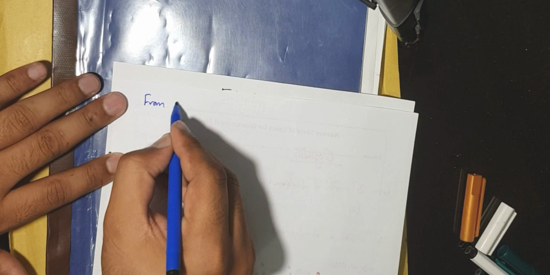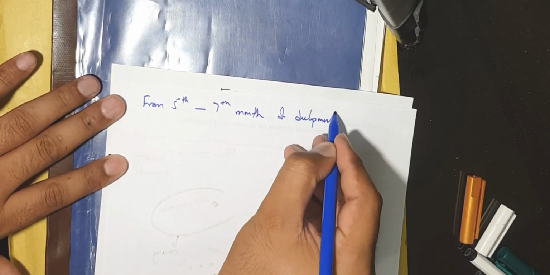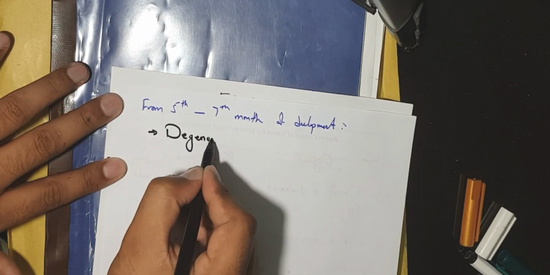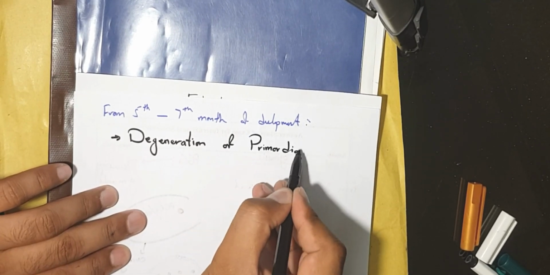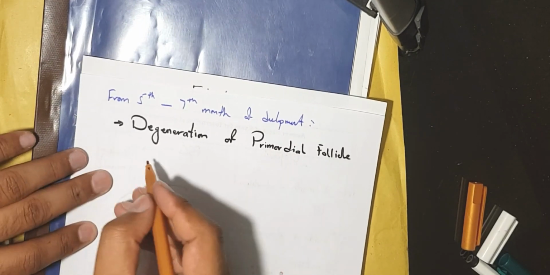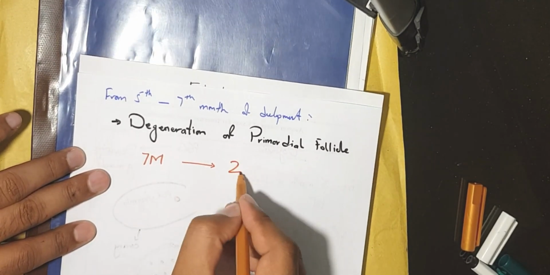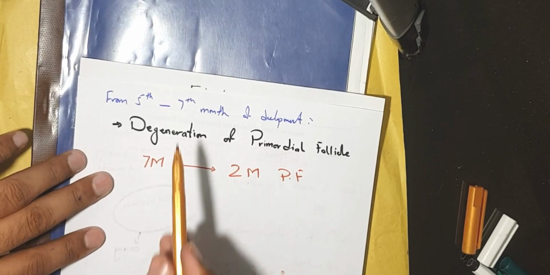From right after that to the 7th month of development, only one process will happen inside the ovary. The 7 million primordial follicles which were formed will undergo degeneration, and the degeneration will reduce the 7 million primordial follicles to 2 million.